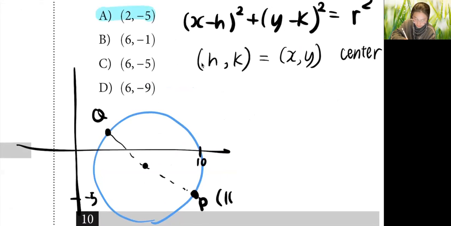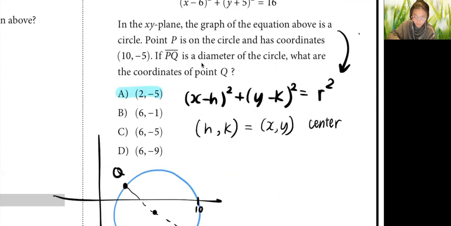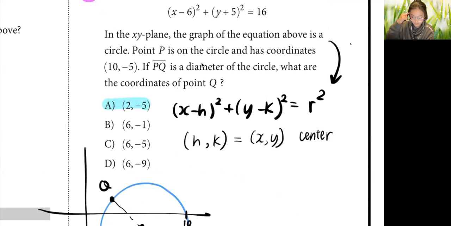So we know that this is 10, -5. Let's find the center of the circle, which is pretty easy if you have this circle equation in your head. HK in the circle equation represents XY, which is the center of the circle. So we already know our H and K, 6 and 5 respectively.